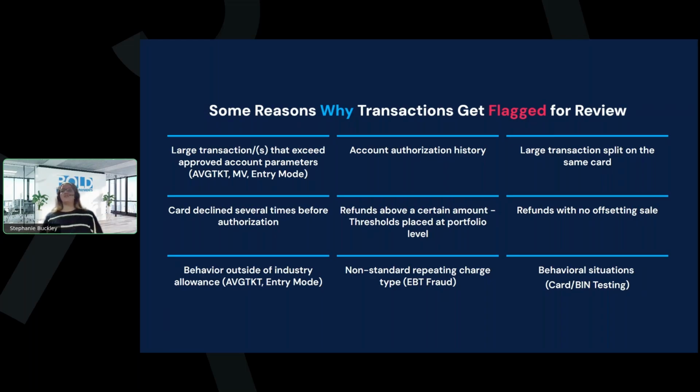Non-standard repeating charge types. We have been experiencing a lot of notifications about EBT fraud, whether this is happening at the merchant level or the customer level. Basically, they are running transactions for $200 even, either multiple times a day or multiple times a week. And with EBT, as we all understand, those are food stamps.